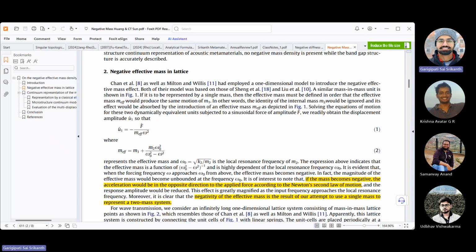And you see that on the RHS of the equation, there is some denominator, and if that denominator becomes, let's say, negative enough, then the overall value will also be negative. If the denominator becomes 0, you see that M effective will hit singularity.